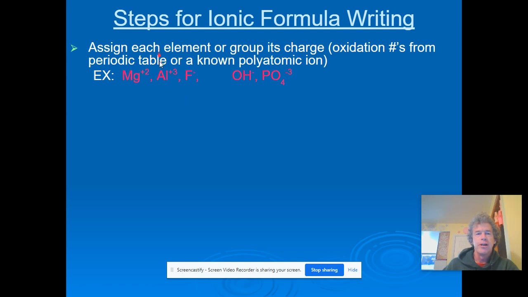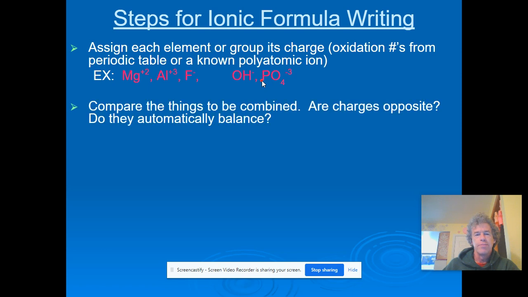Aluminum is in the third column, so Al3 plus. Fluorine is a halogen, F minus. And from that sheet we just talked about, OH minus and PO4 3 minus phosphate are some examples of ions with charges. Now look at what's being combined.